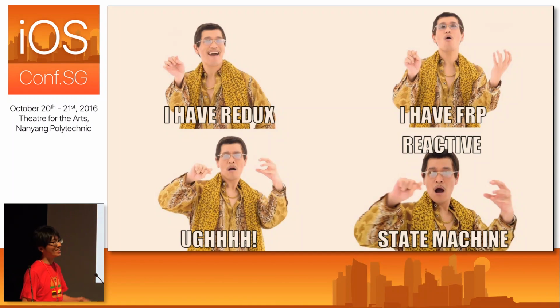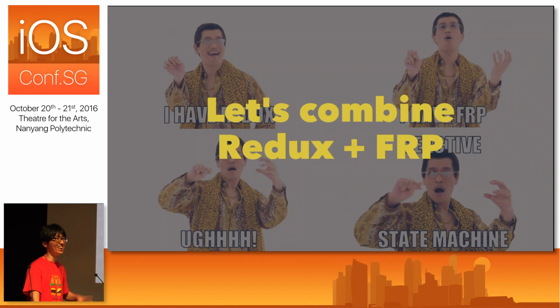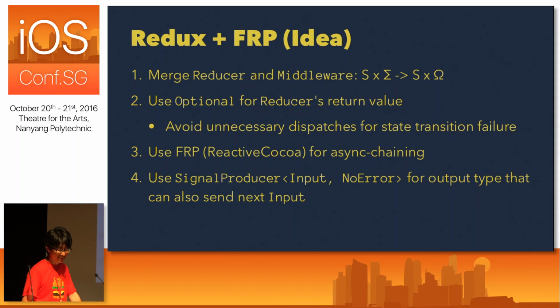So, do you know this one? Let's combine these two. I have Redux, I have FRP, and you just put them together. Okay, I like it because everybody knows it now. Here are some improvements I made. First, we combine reducer and middleware into a single function, like the top one, to make the function simpler and cleaner to read.